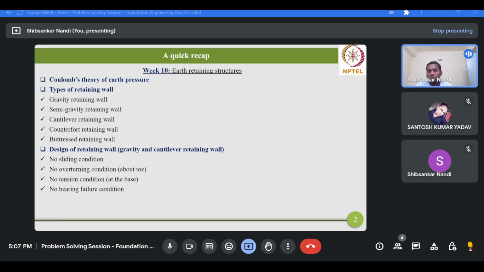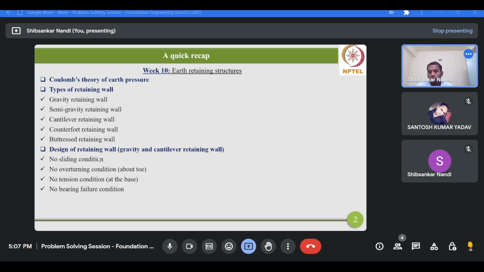Now, coming to the next segment of this week, that is the design of retaining wall. This is mostly confined to gravity and cantilever retaining walls. When we go for the design of these retaining walls, we should satisfy a few conditions. Suppose the properties of the backfill, the properties of the subsoil, and the geometry of a retaining wall are given to you.